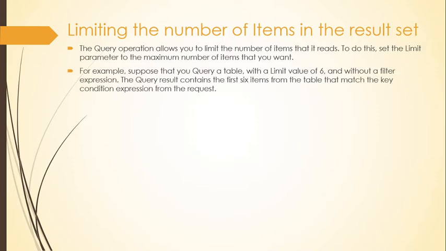For example, suppose that you query a table with a limit value of 6 and without a filter expression. The query result contains the first 6 items from the table that match the key condition expression from the request. So if you provide limit equals 6, then you will get the first 6 records from your table that match your key condition expression.